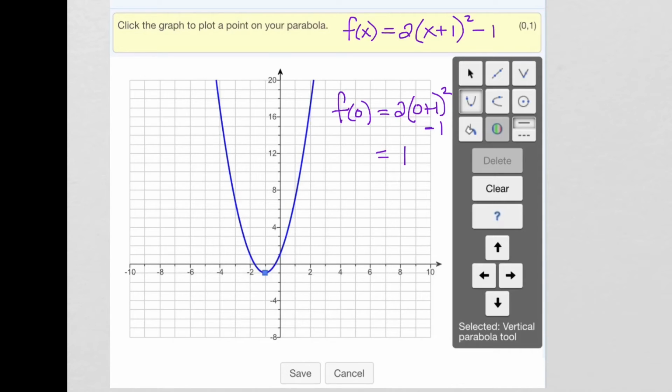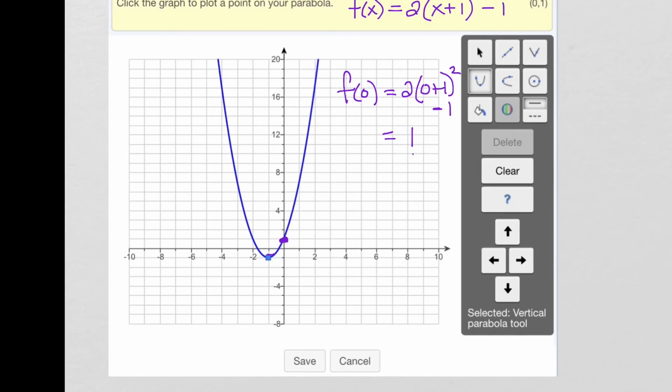So that means that I have a point here at x equals 0 and y equals positive 1. So I can just go ahead and click that point, and the computer will automatically fill in the rest of your parabola for you, because those 2 points will determine the rest of the parabola.